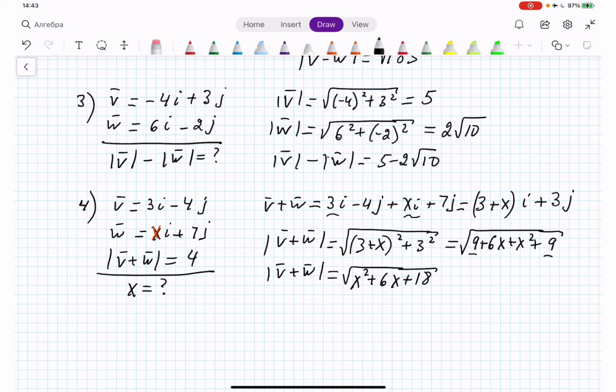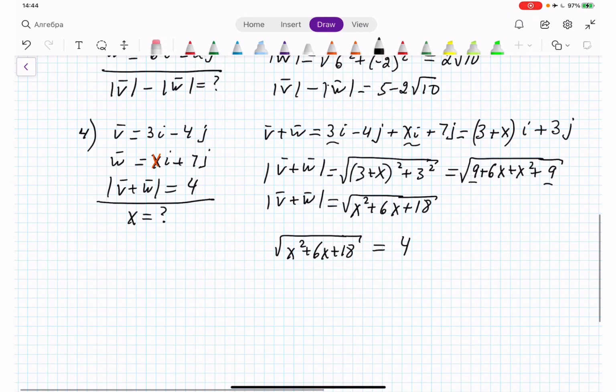Okay, at the same time, we know that the v plus w magnitude is equal 4. So I'm going to put an equal sign between them, right? The square root of x squared plus 6x plus 18 is equal 4, so solve this equation. I'm going to square it, right?